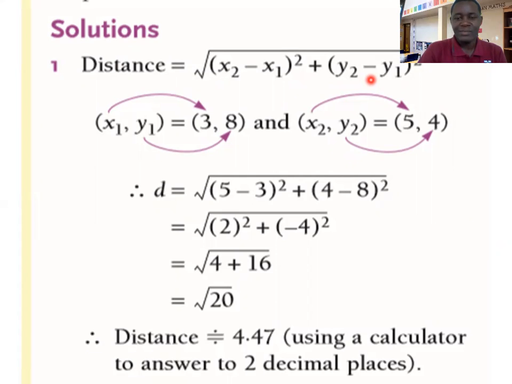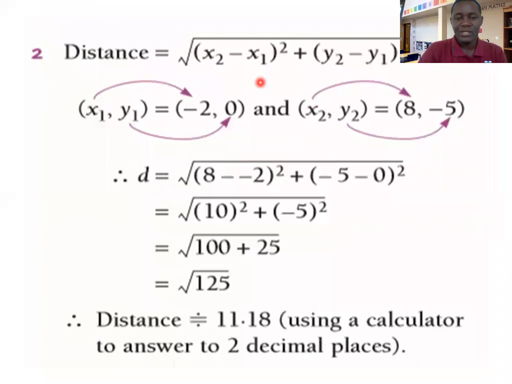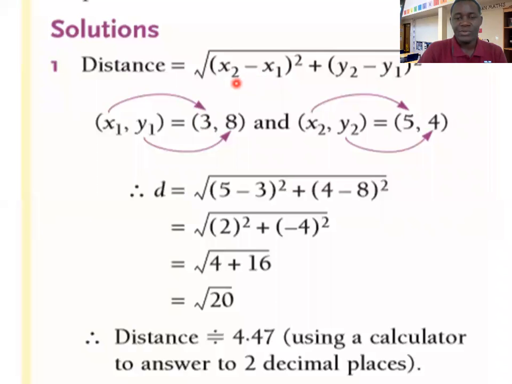It doesn't really matter because the square will take care of the negative sign that may come from the subtraction. But just for the sake of order, when you write x2 minus x1, just write y2 minus y1, or you can write y2 minus y1 first before x2 minus x1. Either way, you're going to get the same answer. Just take a careful study of the formula.